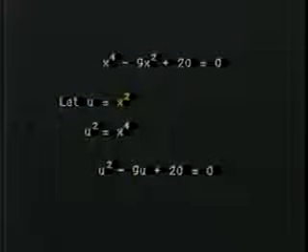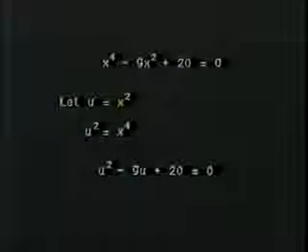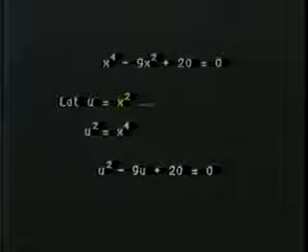This time I have an x to the 4th, so I want to use x squared as my substitution. X squared is u, so x to the 4th is u squared. Now I'm ready with my rewritten equation, which I find I can easily factor into 2 brackets.